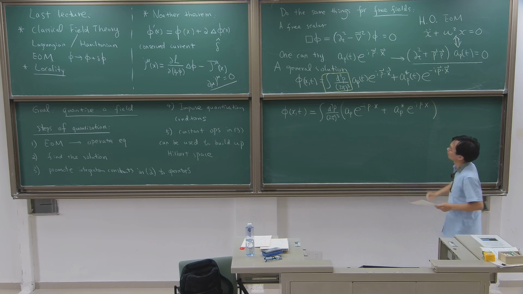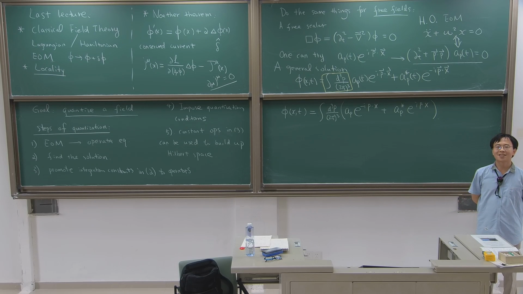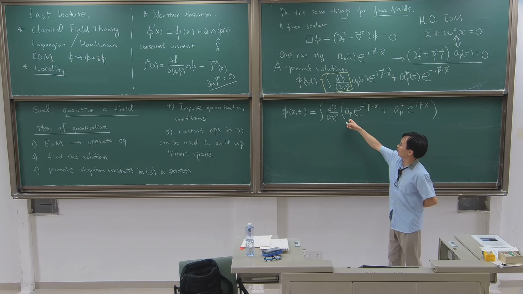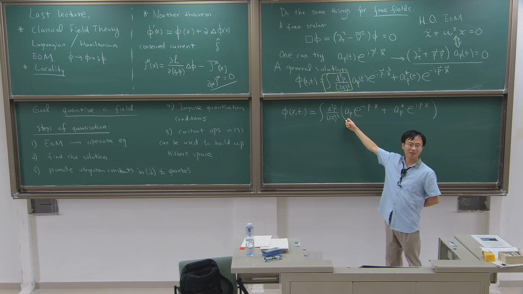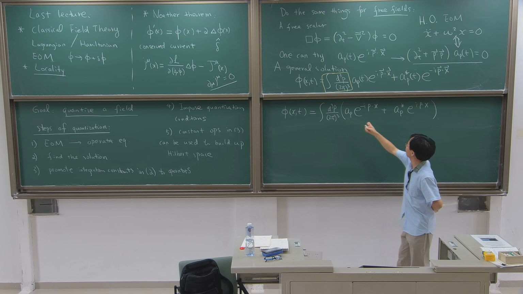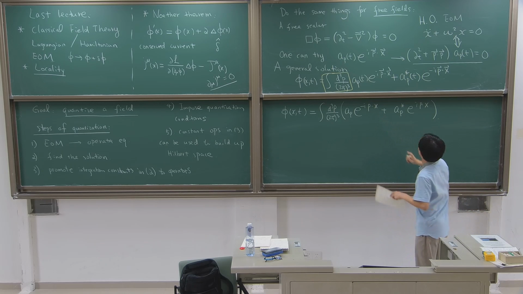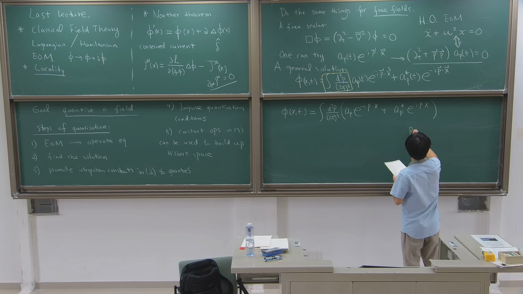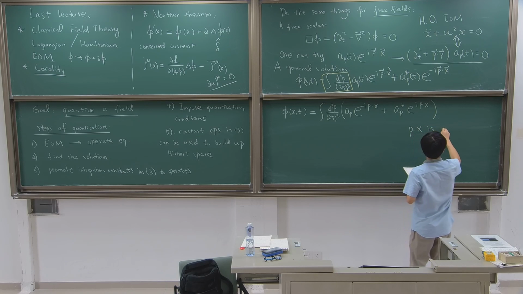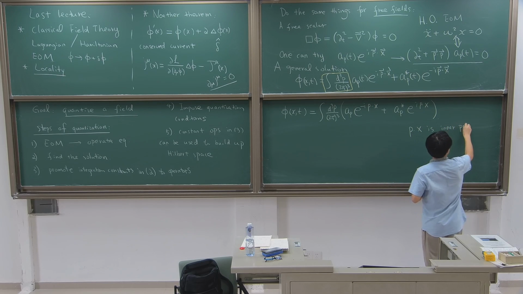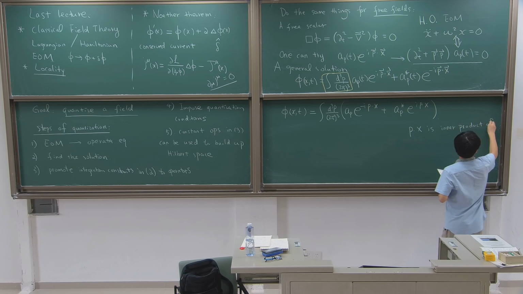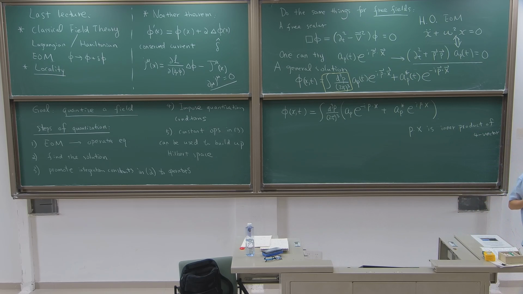Again, this is similar to the general solution for harmonic oscillators, if you still remember, because we now isolated out some integration constants. Remember, A_p and A_p star will be constants. And p and x are 4-vectors, so p·x is the inner product of 4-vectors.